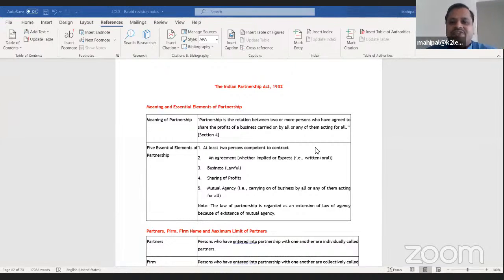Good. So, dear friends, let's start with the Indian Partnership Act 1932. Meaning of partnership is the relationship between two or more persons who have agreed to share the profits of the business carried on by all or any one of them acting for all.